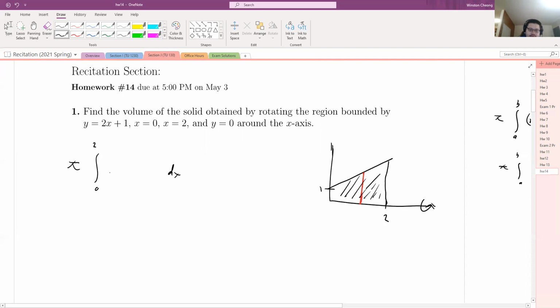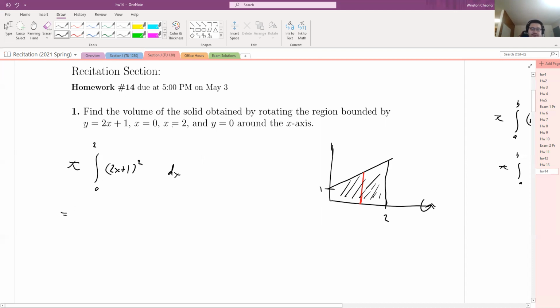Now we need to square the radius function. The radius function lines up perfectly to be the actual equation describing this upper function, which is this line. So 2x plus 1, and then you square that. That's the radius.